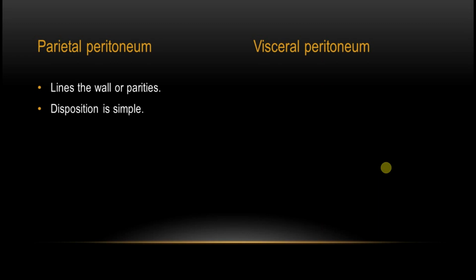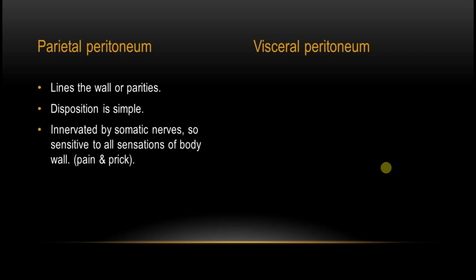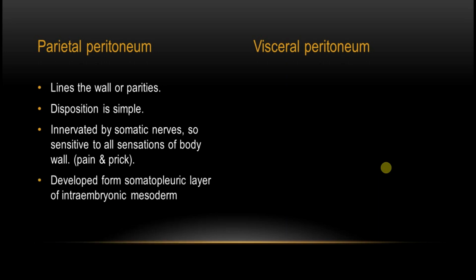You just make a single sheet, a simple continuous sheet of layer on the interior of your body wall. It is innervated by somatic nerves, spinal nerves. So it is sensitive to all body sensations: pain, temperature, pricking sensations, and so on. As I told you, it is developed from the somatopleuric layer of intra-embryonic mesoderm.